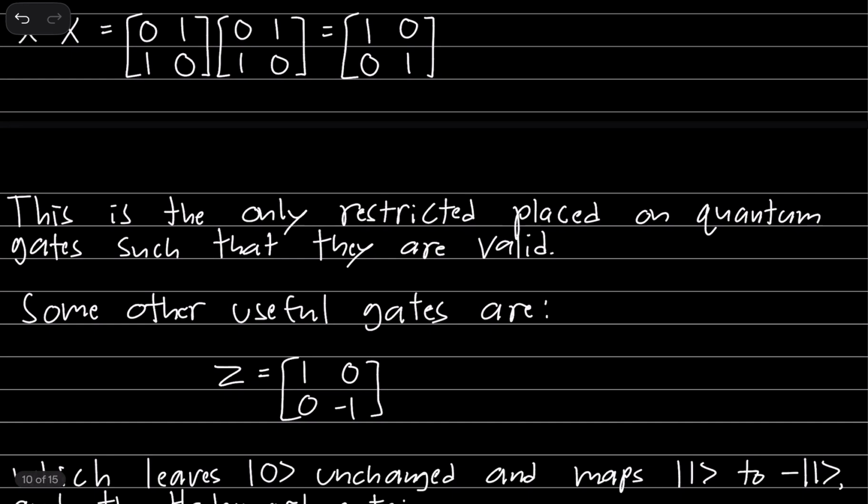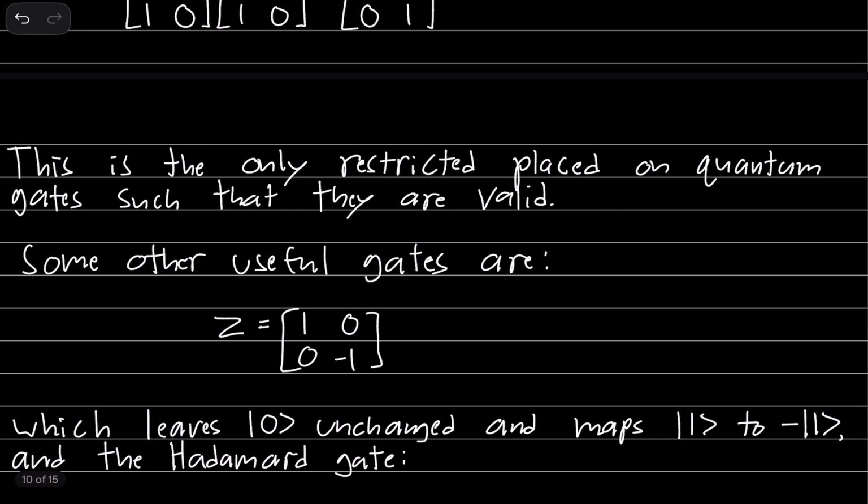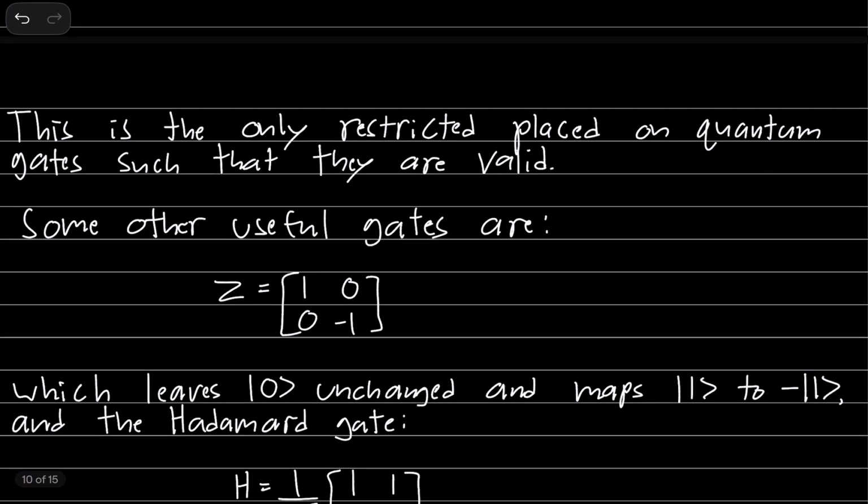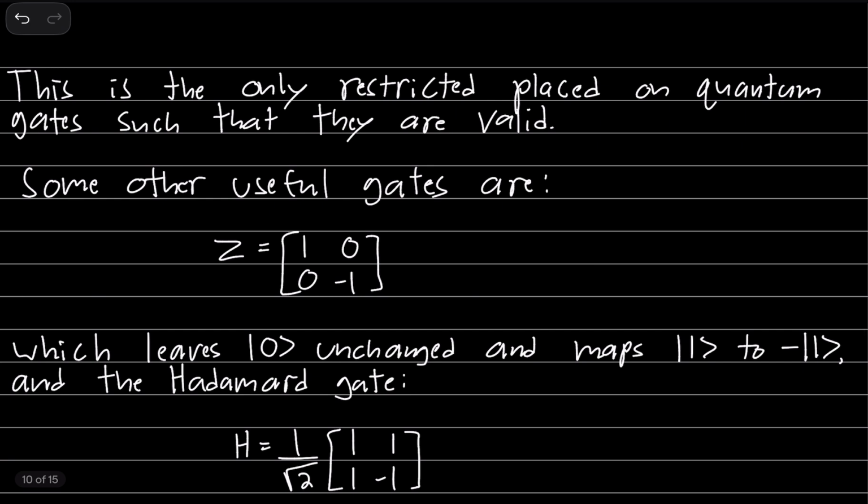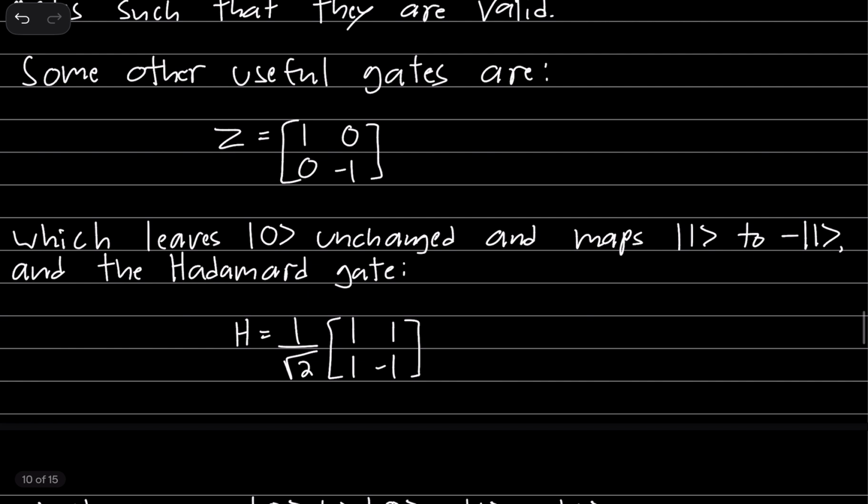And so some other useful single qubit gates are the Z gate, which is this matrix here. And so that leaves ket 0 unchanged and then maps ket 1 into minus ket 1, right? So it just flips the sign. And then we have the Hadamard gate here.